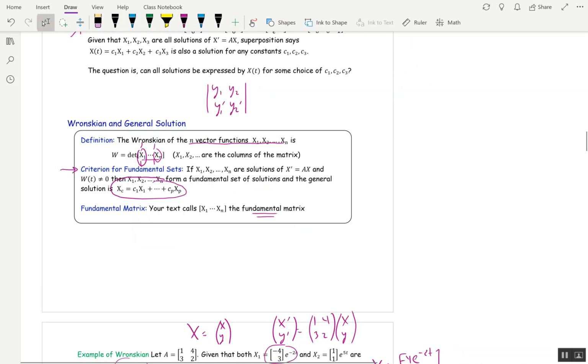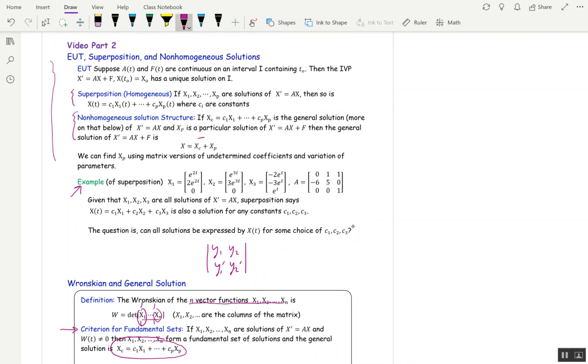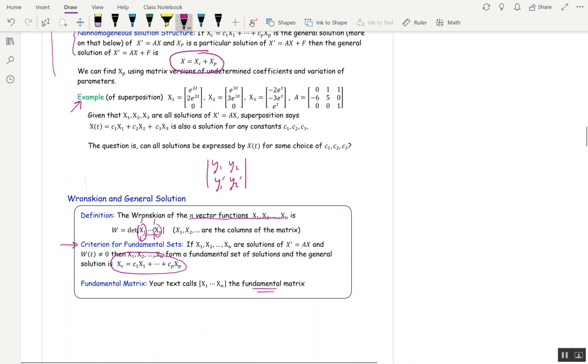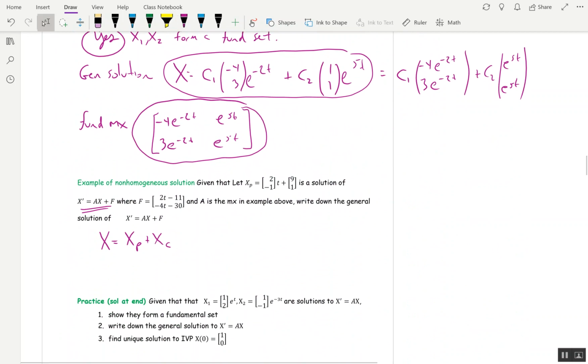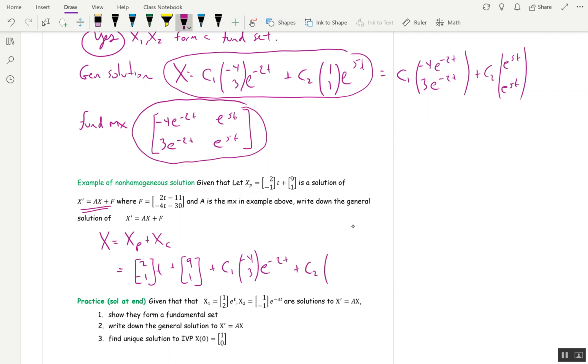I'm using this theorem right here that tells me the structure of the non-homogeneous general solution. Okay, and so XP is given to us as [2, negative 1] t plus [9, 1]. And XC, we found in the previous problem, that's C1 [-4, 3] e to the negative 2t, plus C2 [1, 1] e to the 5t.